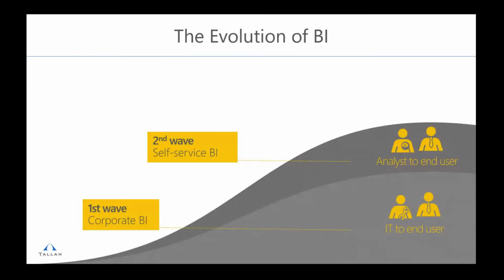The problem is it resulted in a disconnect between the business and the IT, and sometimes the numbers didn't match across groups, or a sprawl was created of these Access databases that resulted in a lot of overhead to maintain.